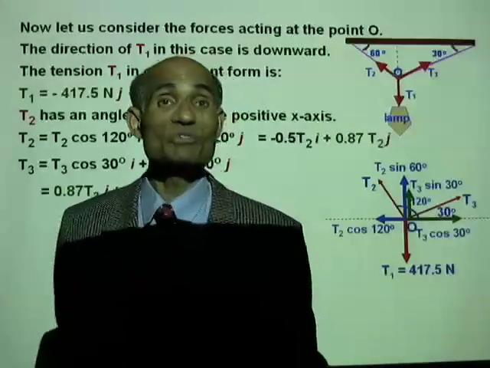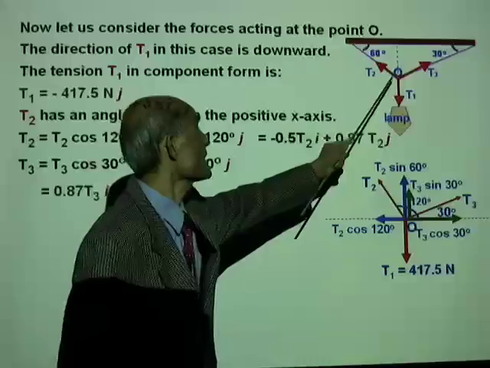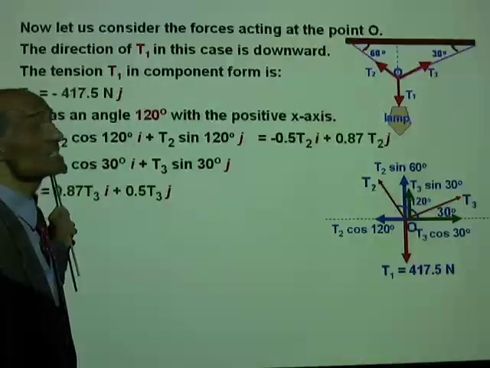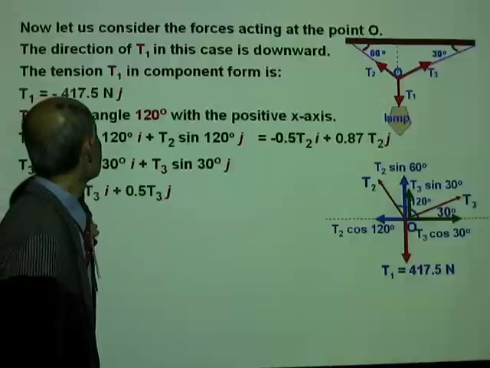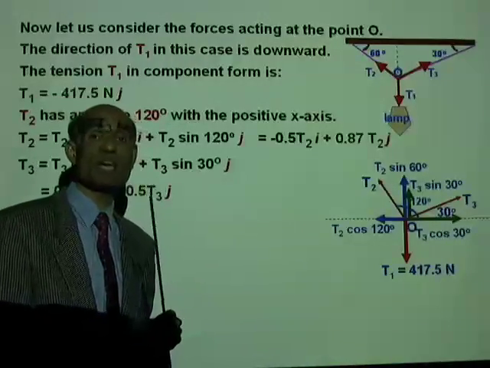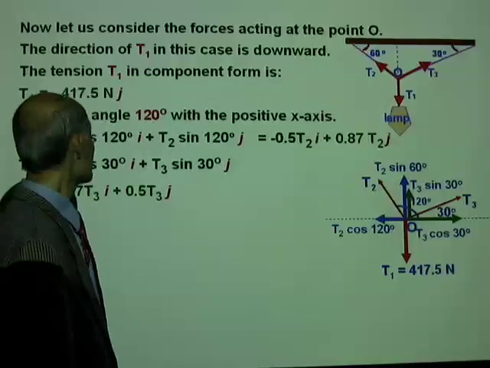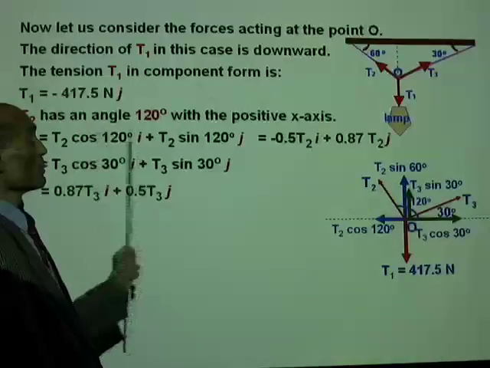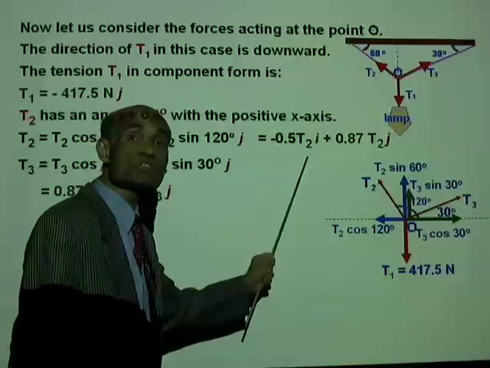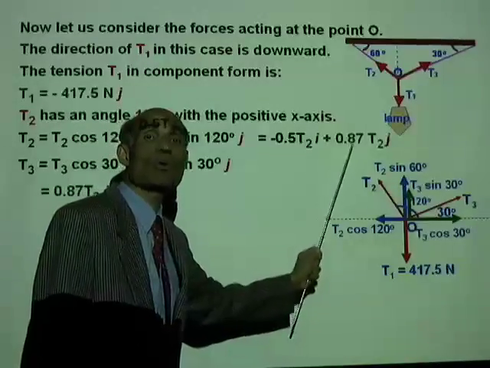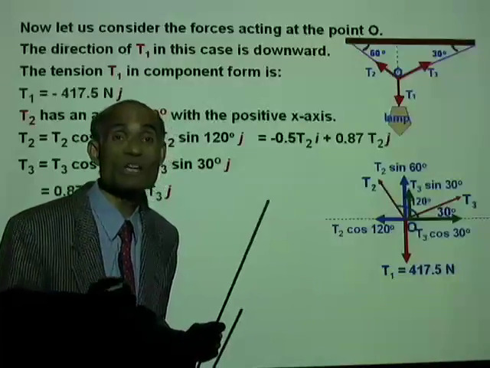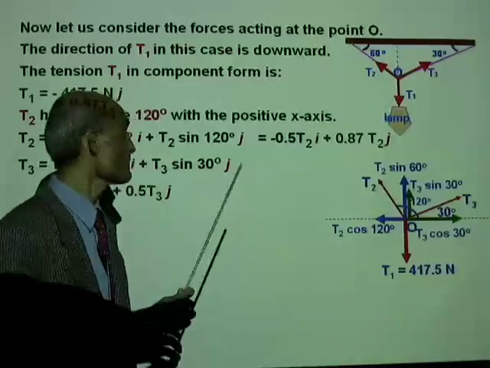Well, we have now three forces acting at the point O. The first force is T1, which is negative 417.5 Newton J. The second force is T2, which is equal to negative 0.5 T2 I plus 0.87 T2 J. We don't know what T2 is, we need to find T2.